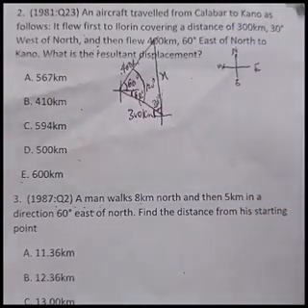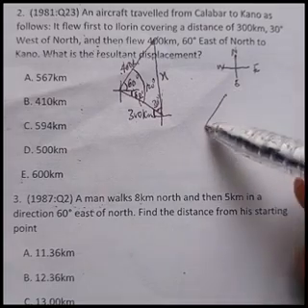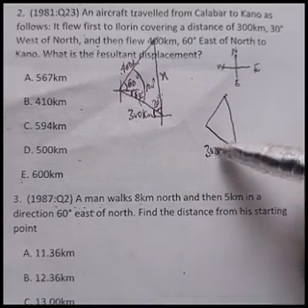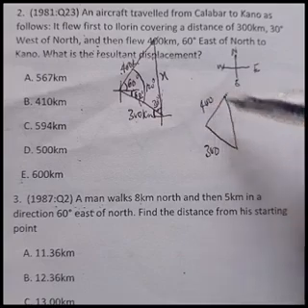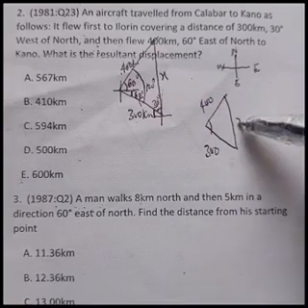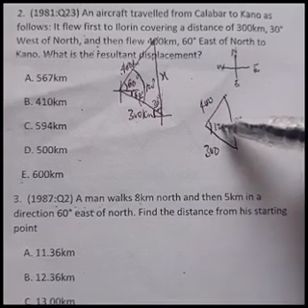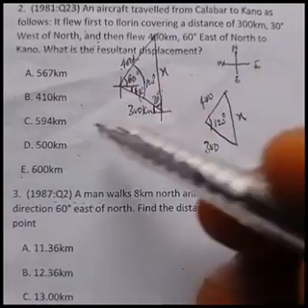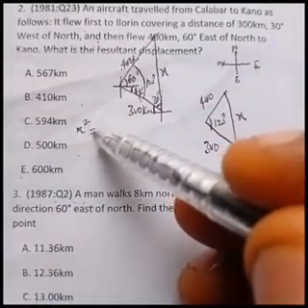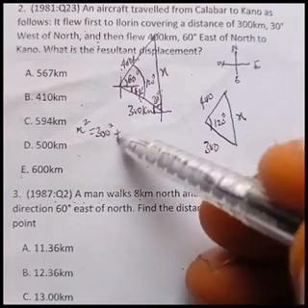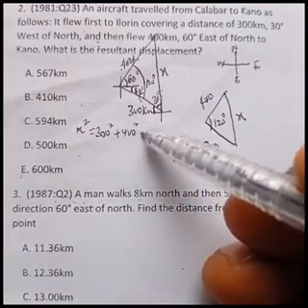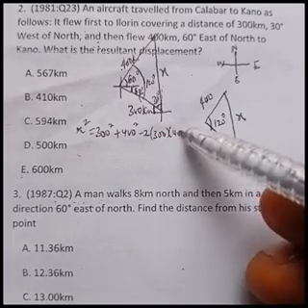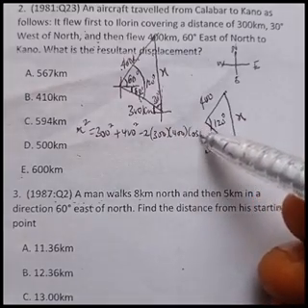So we can redraw this triangle as something like this. We have a triangle. Two sides are known, 300, 400. We are looking for this side. Let's call it x. And this angle is 120. So definitely we'll be using cosine rule. So applying cosine rule, x squared equals 300 squared plus 400 squared minus twice their product, that's 300, 400, cos 120 degrees.